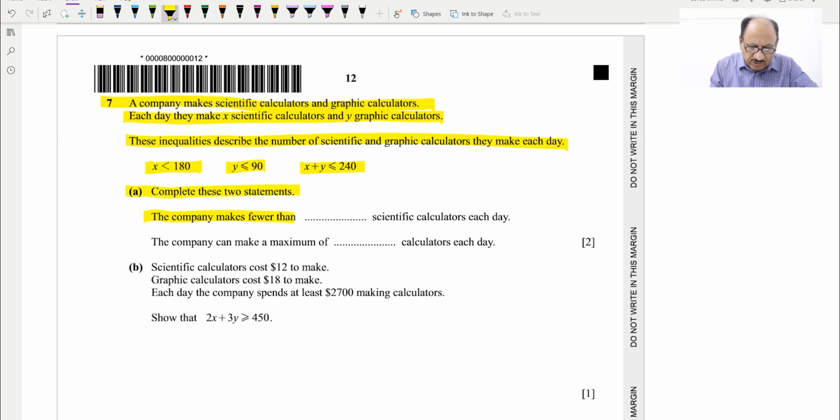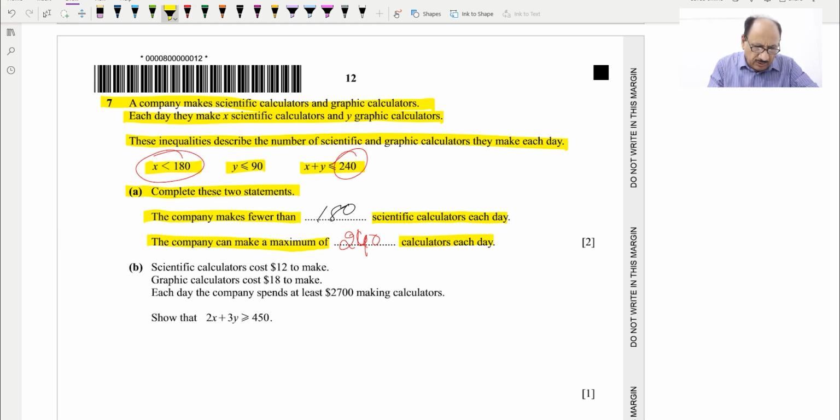The company makes fewer than 180 scientific calculators each day. And next, the company can make a maximum of 240 calculators each day.